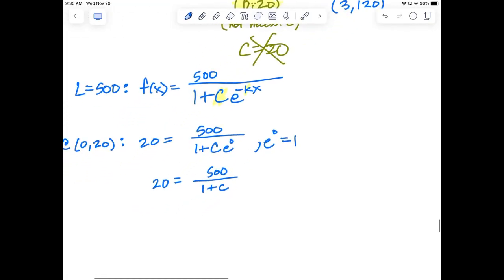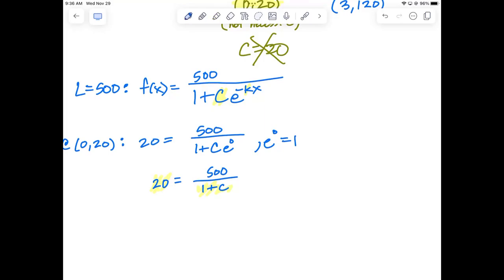Now I've got to solve for c. Here's an algebraic trick, and I think you can visualize this. The 20 and the 1 plus c in this proportion can switch places, can't they? It's like multiplying both sides by 1 plus c and dividing both sides by 20.